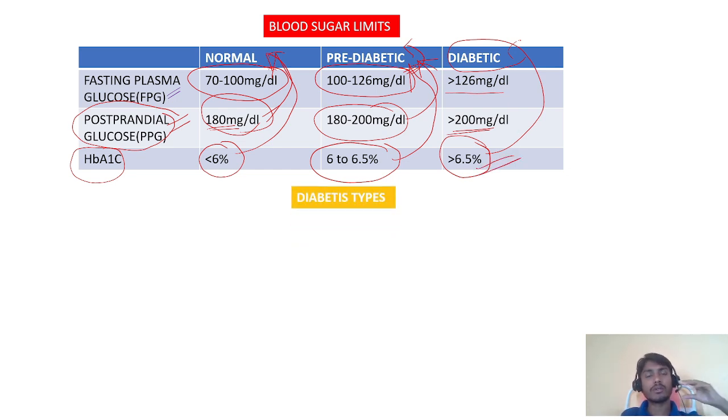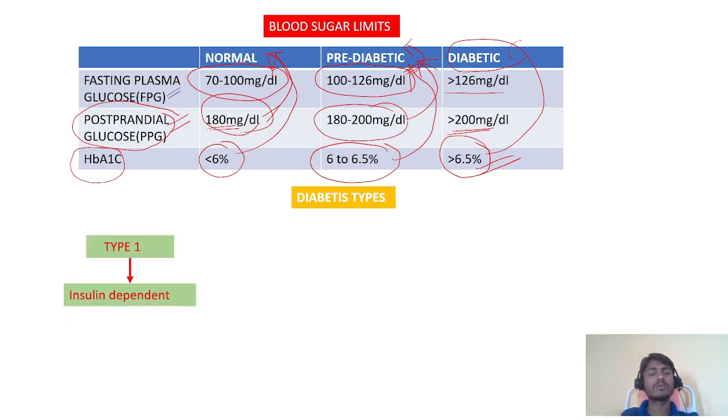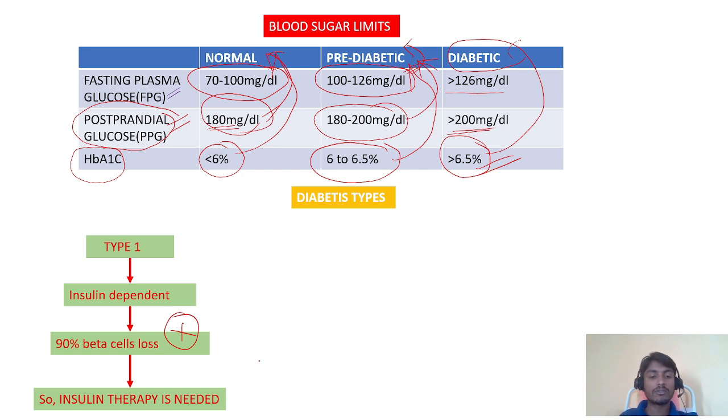So diabetes is of two types. One is type 1, another one is type 2. When it comes to type 1, it is insulin dependent. What will happen is 90% of beta cells are not functioning properly, so ultimately no insulin can be synthesized. So insulin therapy is needed.